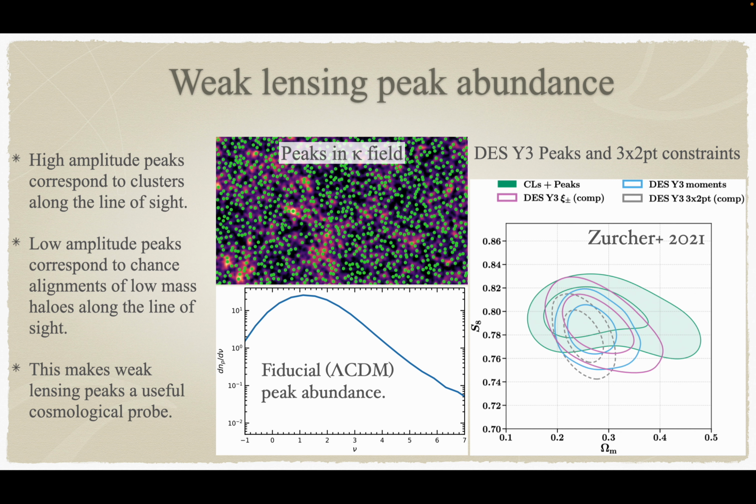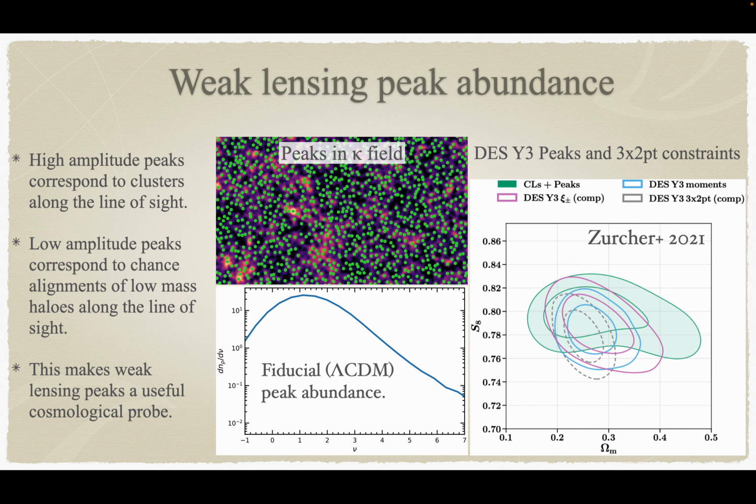We know that high amplitude peaks correspond to clusters of galaxies along the line of sight. And we also know that low amplitude peaks correspond to chance alignments of low mass halos along the line of sight. It is these features that make weak lensing peaks a useful cosmological probe of the universe.